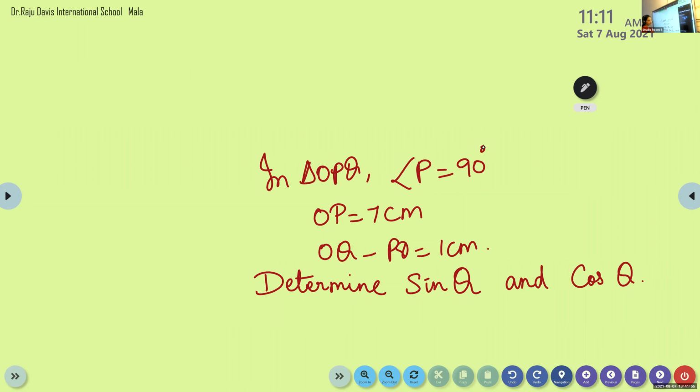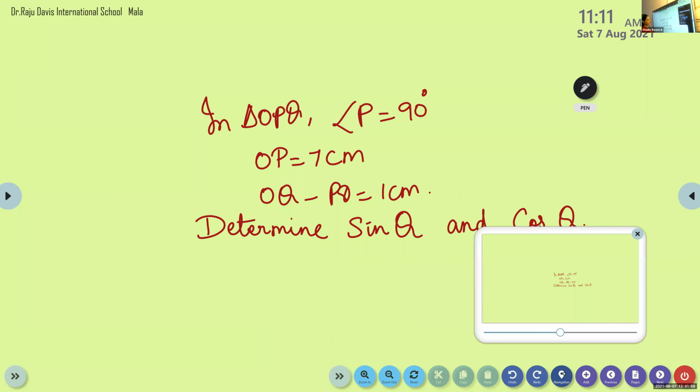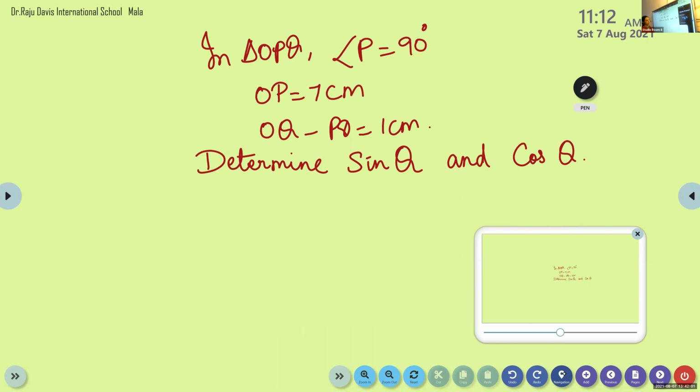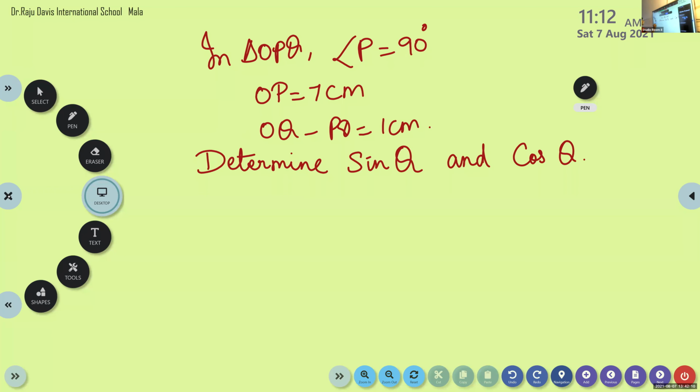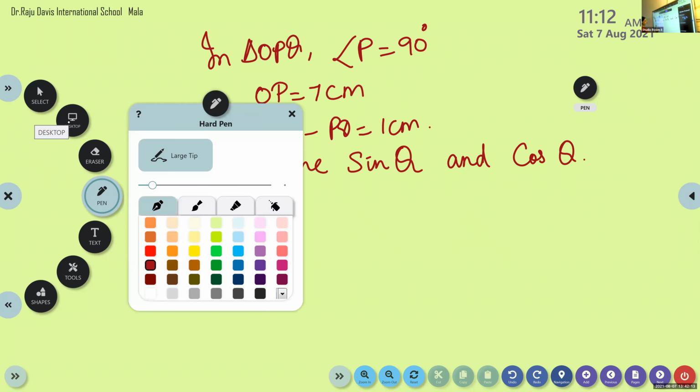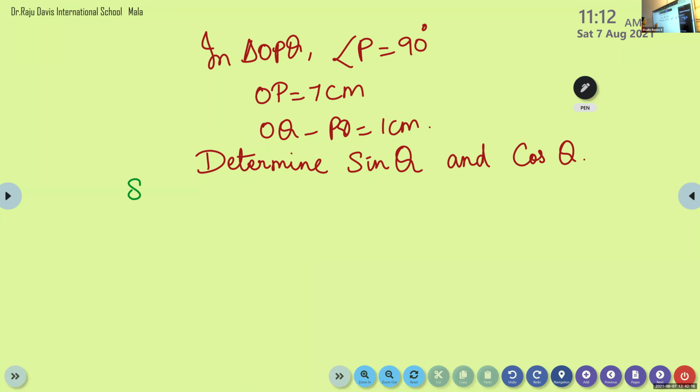Determine sin Q and cos Q. So I'm drawing the figure: in triangle OPQ, right angled at P, angle P is 90 degree, and OP is given as 7 centimeter.